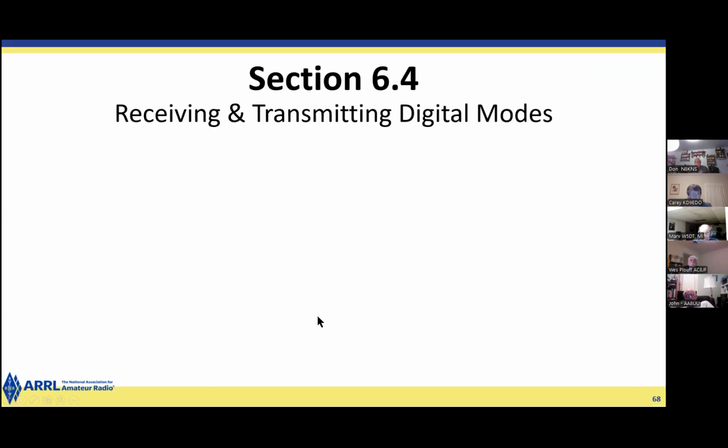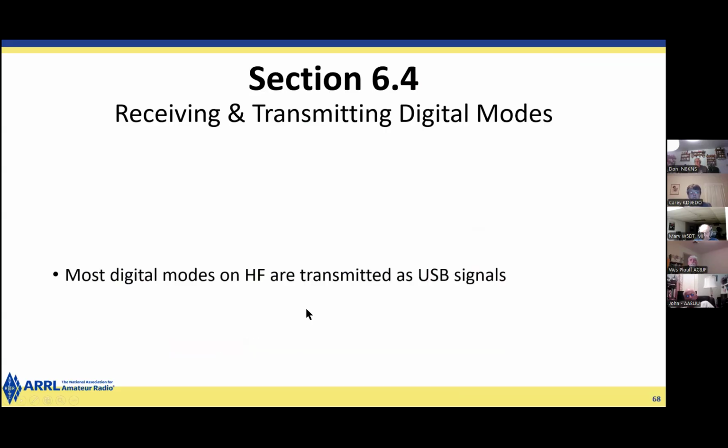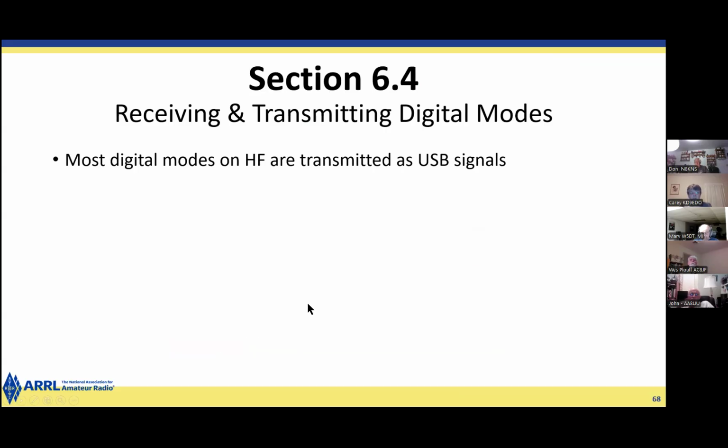All right, so let's go into receiving and transmitting digital modes. Most will transmit digital modes on the upper sideband. That's just a convention, except for radio teletype. You use lower sideband.